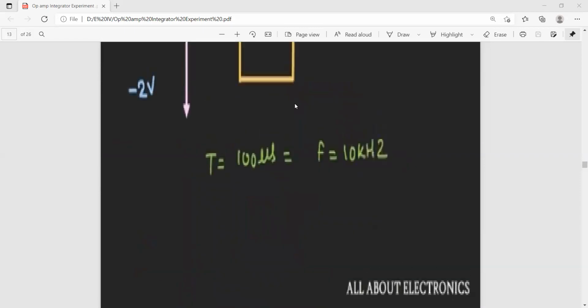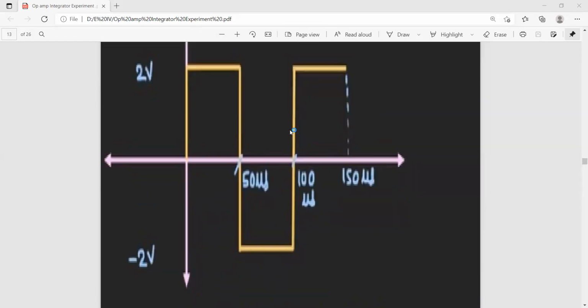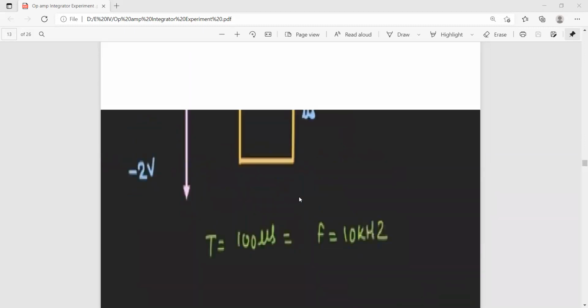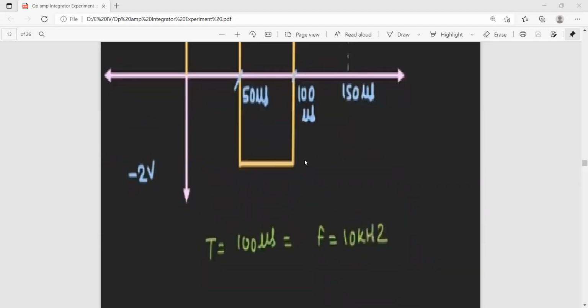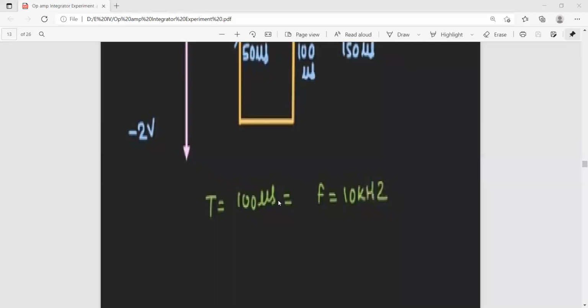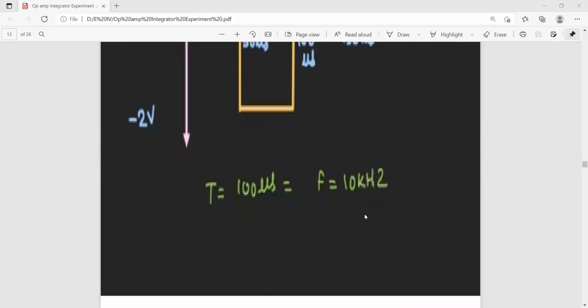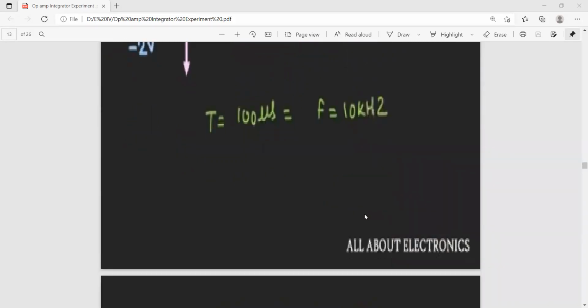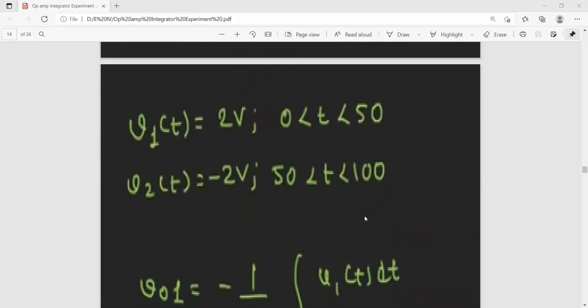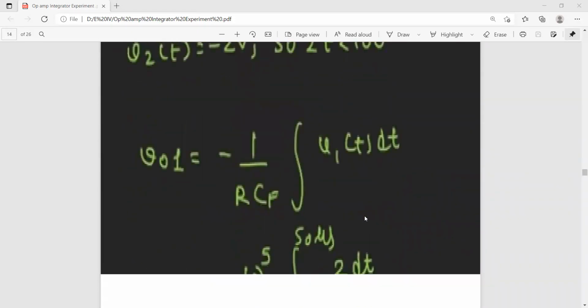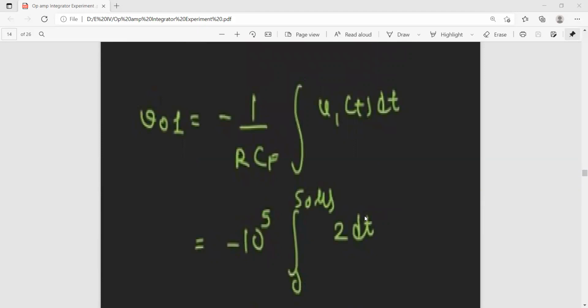So the total time period is 100 microseconds, 50 and 50. The inverse of this is frequency, F equals 1 by T, that is 1 by 100 into 10 to the power of minus 6 seconds. Converting this, it is approximately 10 kilohertz, the frequency.